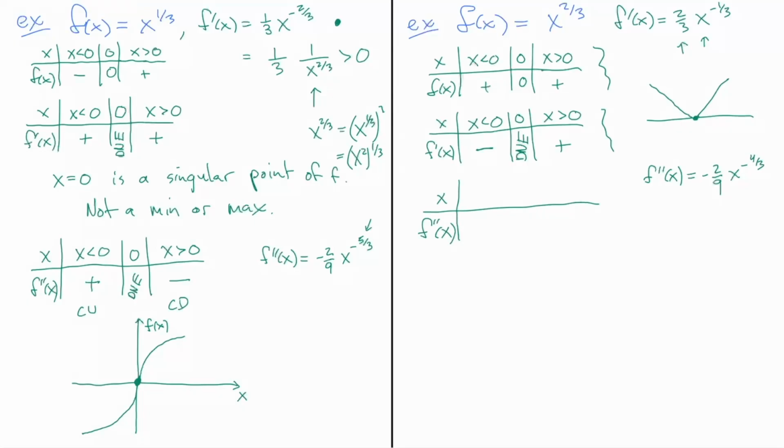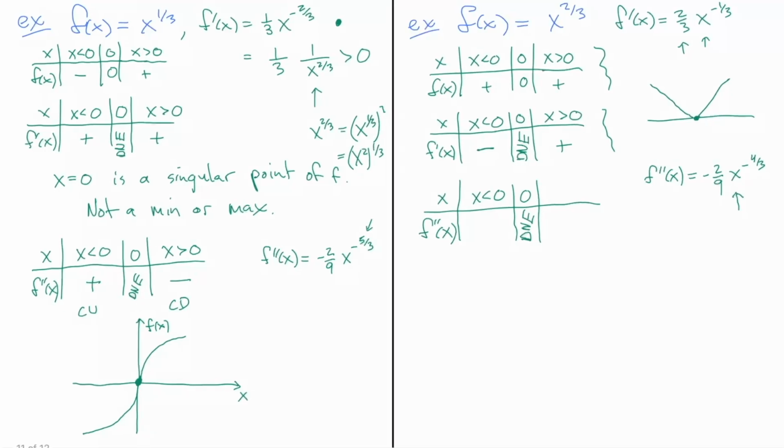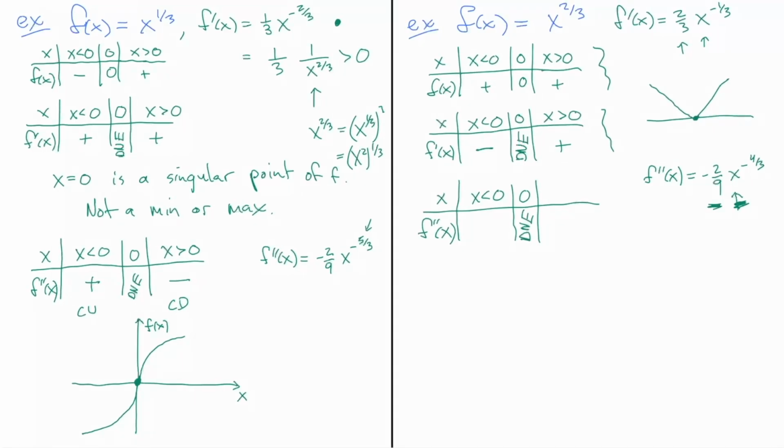And again, we have this singular point at the origin. And when x is negative, f double prime, if we plug in a negative number here, the 1/3 power doesn't change that, but the 4 does. It makes that positive. And so we have a negative multiplied by a positive, negative.